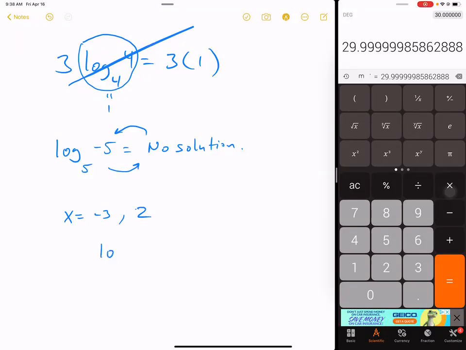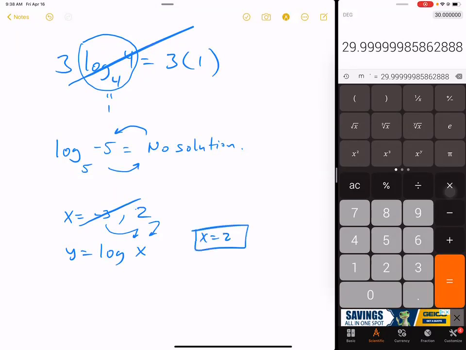If I give you the question log y is equal to log of x, which of these answers can't work? Can negative 3 work? Can 2 work? Turns out, negative 3 can never be a solution. So our only answer here is x equal to 2. Even though you came up with negative 3, I can't plug a negative into this log, because it would never give me a real number. There's no way for me to multiply a bunch of 10s together to end up with a negative 3.